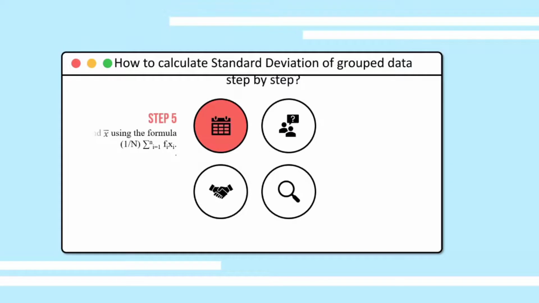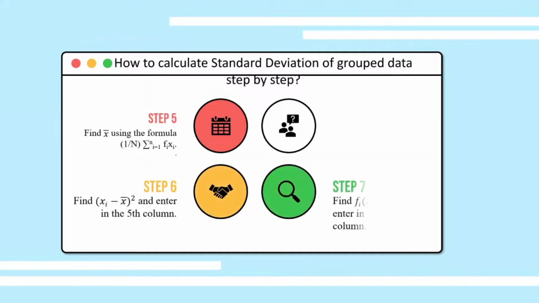And now, on to step 5. Find x-bar using the formula 1 over n times the sum of fi xi, from i equals 1 to n. Step 6. Find xi minus x-bar squared and enter it in the fifth column. Step 7.